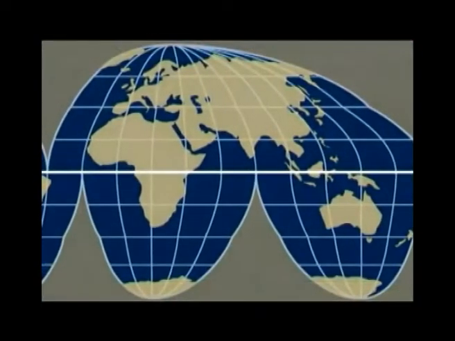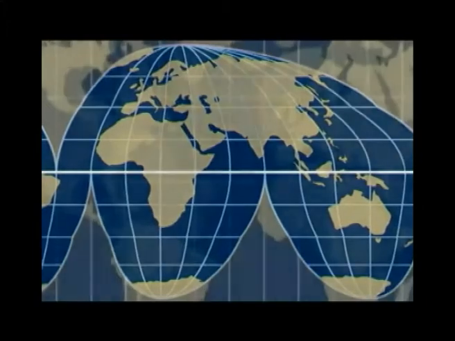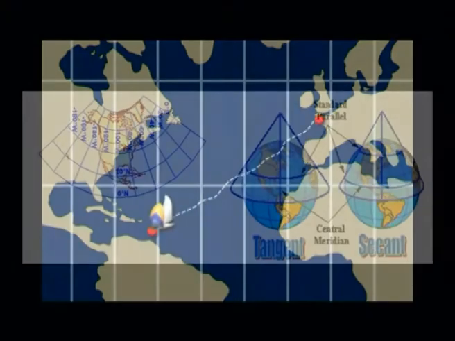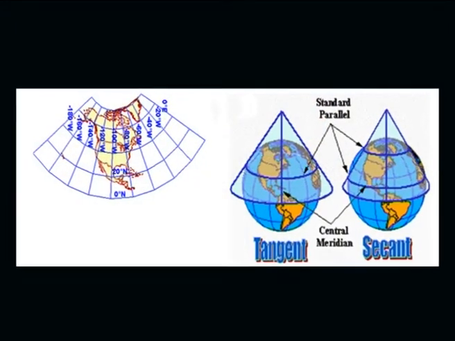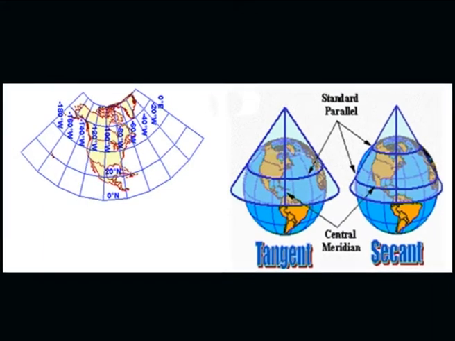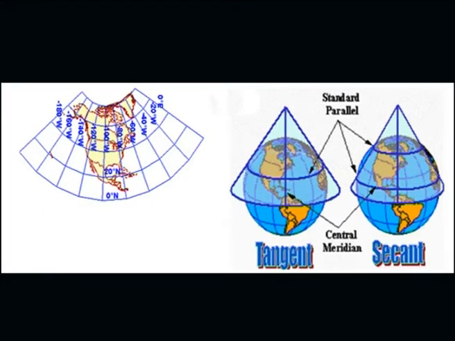Number 3, the projection with equidistant distortion property is achievable only to a limited degree. That is, true distances can be shown only from one or two points to any other point on the map or in certain directions. If a map is true to scale along the meridian, that is, no distortion in north-south direction, we say that the map is equidistant along the meridians.